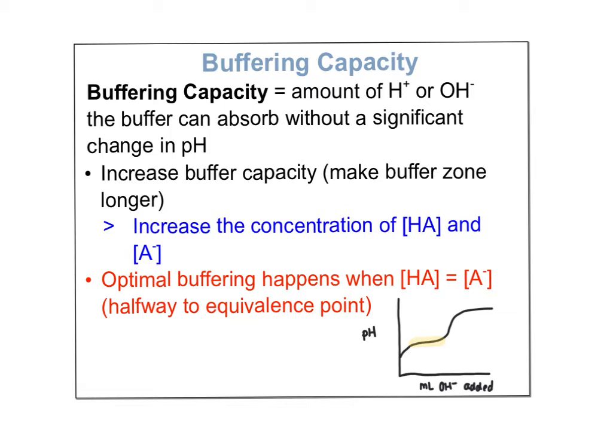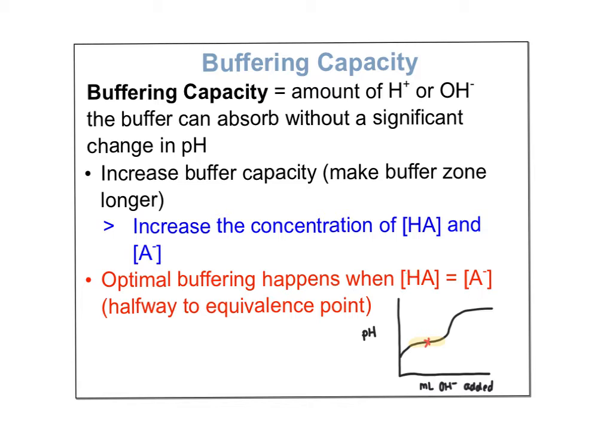So start with a higher molarity of HA, and then when we get into this region, the molarity of A- would be greater. The best buffer happens when the weak acid and the conjugate base are the same, which is the halfway point to the equivalence point. So the best buffers happen when I have high concentrations of HA and A-, and those concentrations are equal. What I mean by this is 0.1 molar and 0.1 molar, that's a good buffer.